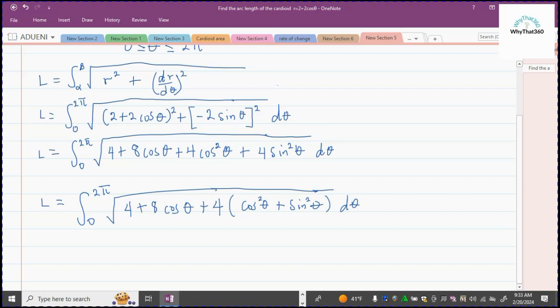We are still integrating, and as you know, cos squared theta plus sine squared theta is what? Okay, that one is 1.